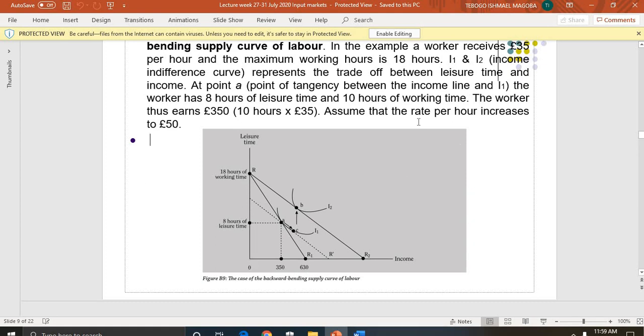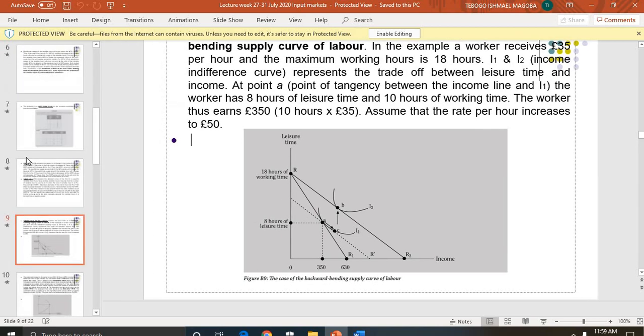Okay. So let's assume that the rate per hour increases to 50 Rand. What's going to happen? If the rate per hour increases to 50 Rand, then that means now your maximum income will be 50 times 18. Is it not? It is, right?